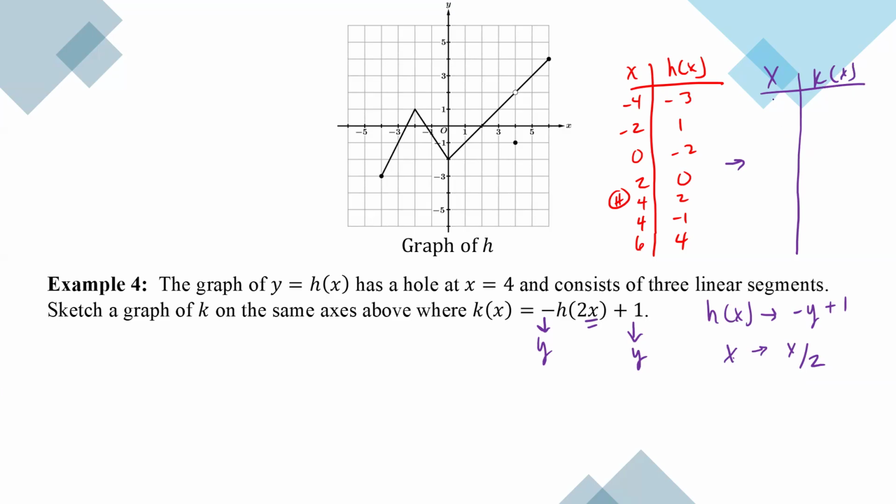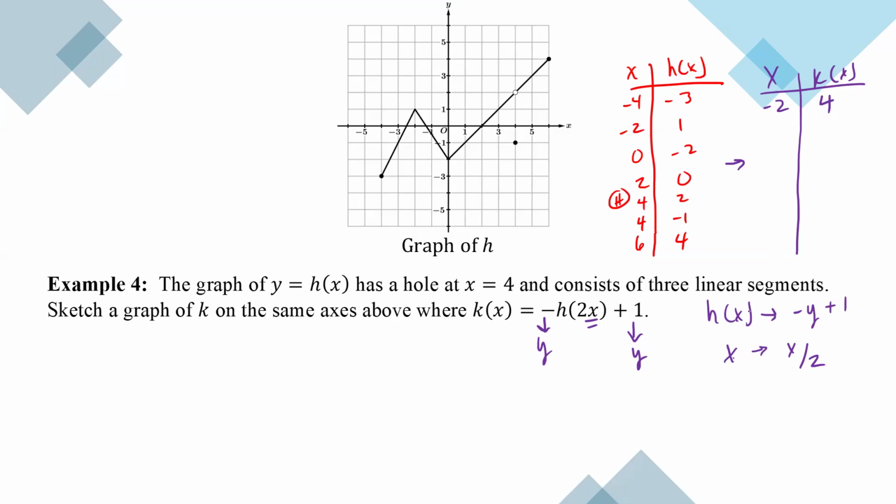Each x is being divided by 2. What is -4 divided by 2? -2. And to each one of my y's, what am I doing? I'm changing its sign and adding 1, right? So -3 becomes 3, and 3 plus 1 is 4.